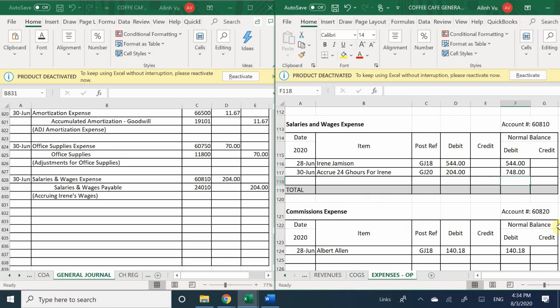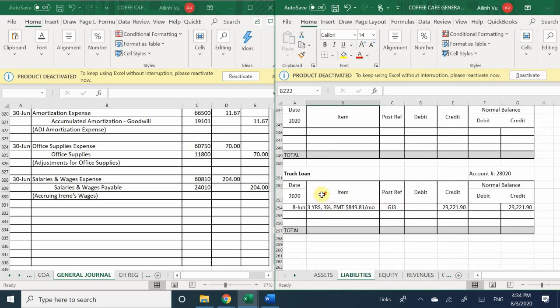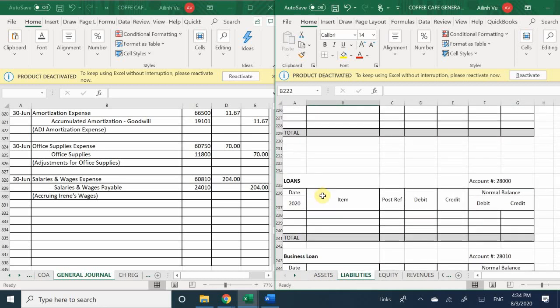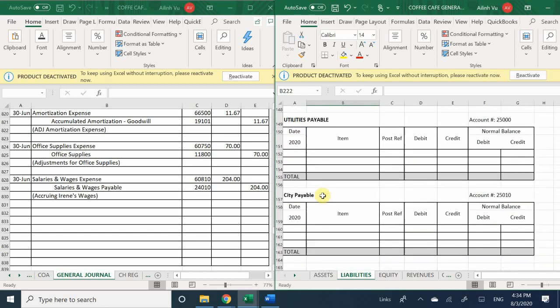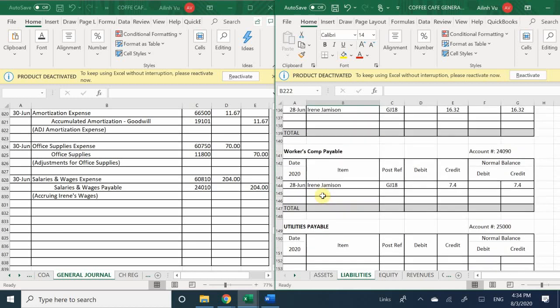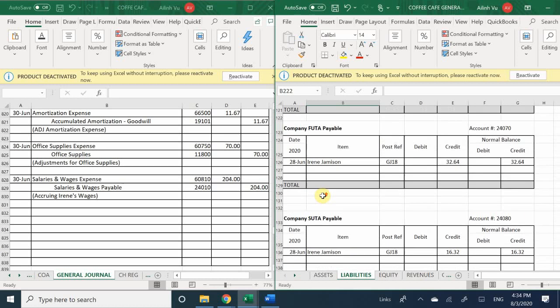All right, and then we're going to go to liabilities because now we owe Irene $204. Page 19. Hold up, I'm finding it too.